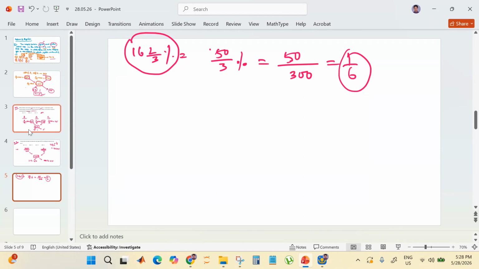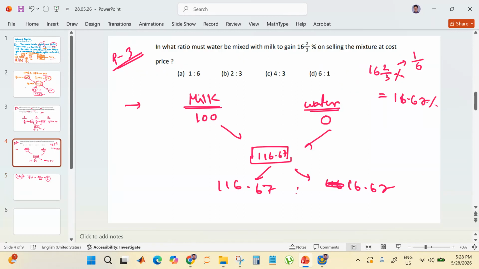This type of conversion will help you, because if your answer is 116.67 is to 16.67, it is quite difficult to calculate. But if it is 1 by 6, that means it is 7 by 6 and 1 by 6, right? Because 16.67% means 1 by 6.